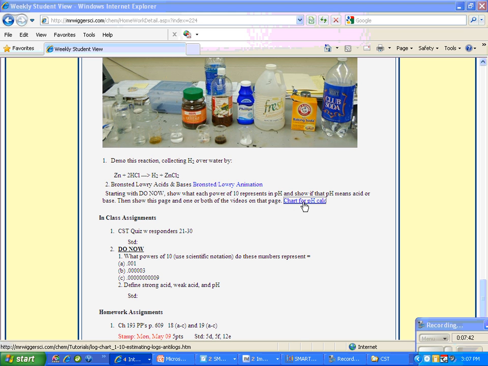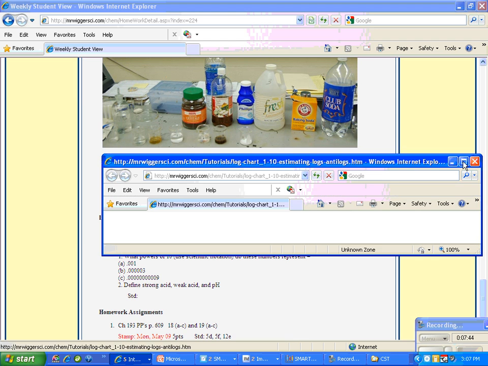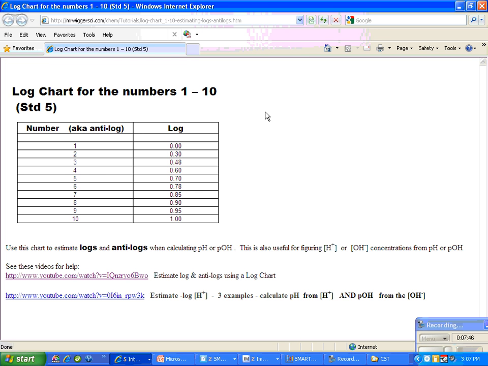And in here, you're going to see how to go about doing an actual log, how to log something. You can do it with a calculator, but it's much easier to do this method. People who do it on calculators usually mess it up. If they understand how to do this method, they're going to do great.